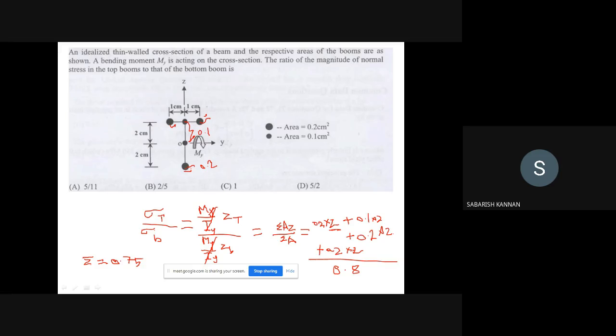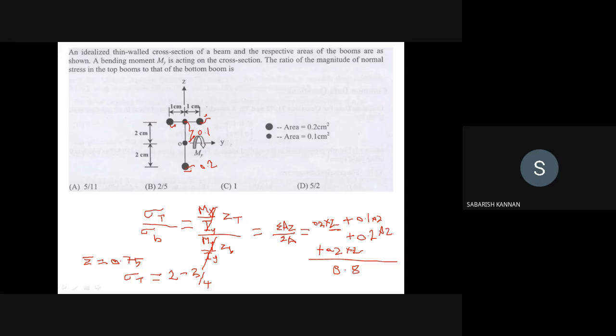Z bar value is 0.75. Okay, fine. So now sigma t equals 2 minus 3 divided by 4, because that is the top of the booms.